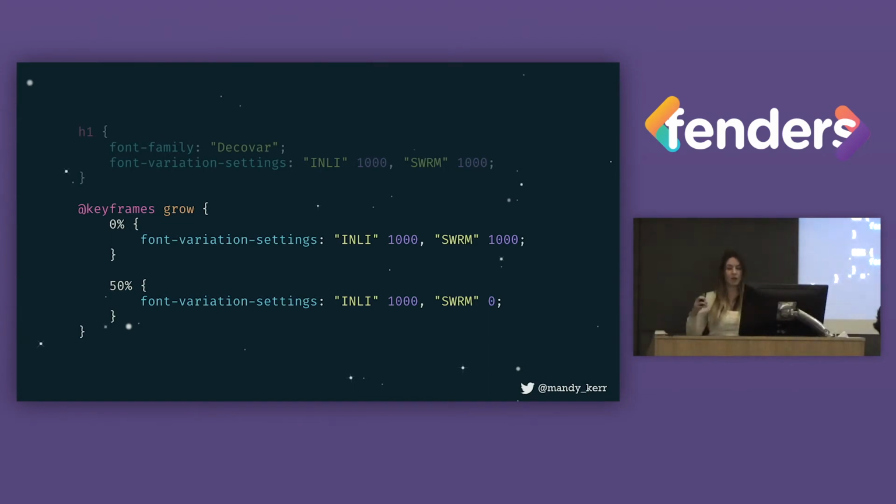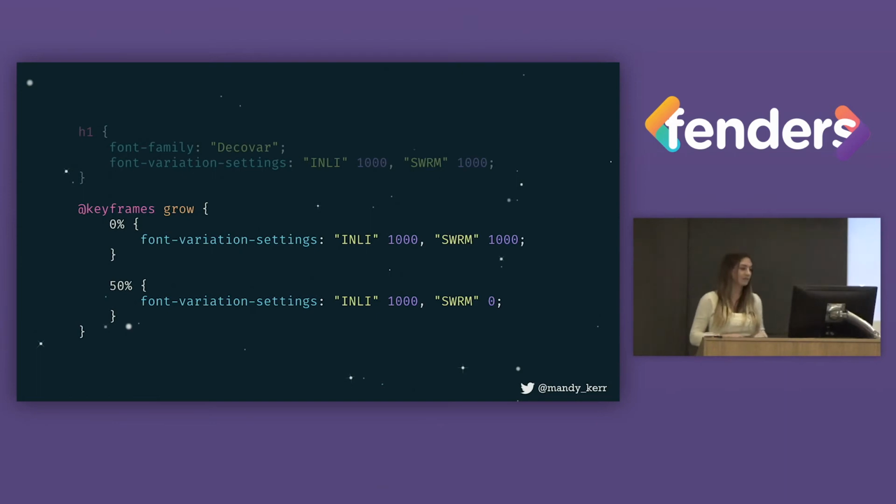And the reason for this is I want it to start expanded. Then at 50%, we're going to set skeleton worm back to 0, but we're going to leave inline as it is. What that's going to do is bring the little knobbly bits back in so they disappear. And then it's going to loop back round to 0% and go expanded again.